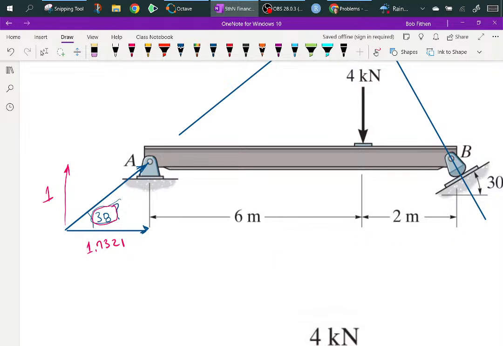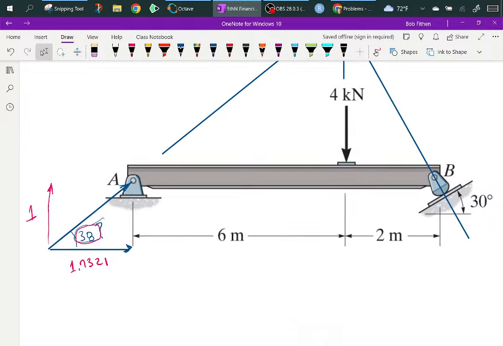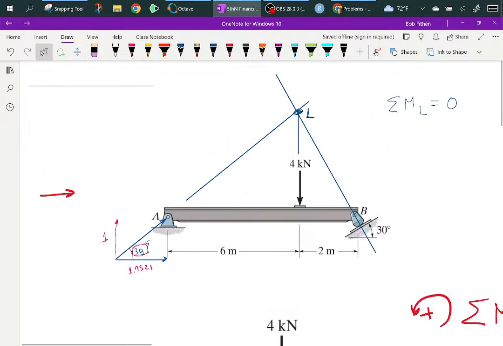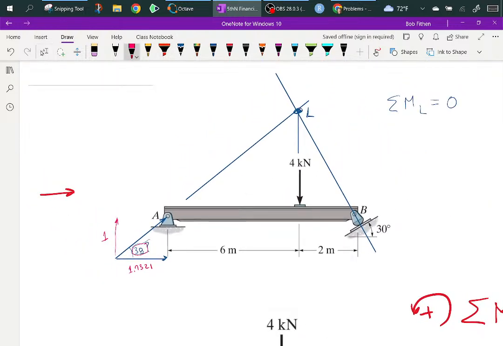But the key is if it was to scale, how could we find this out? If we found a location here, does this line go through it? Well, I don't know. Let's go ahead and actually find that angle based upon these two.